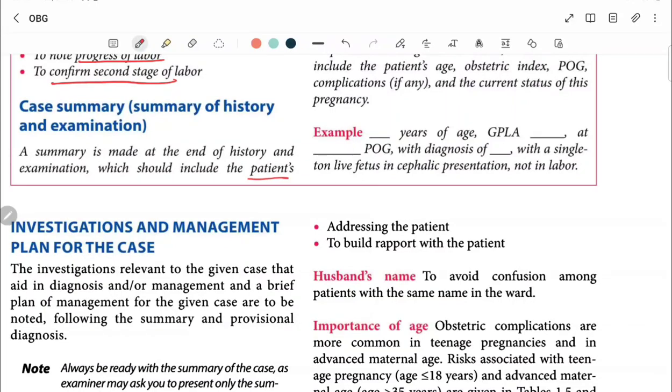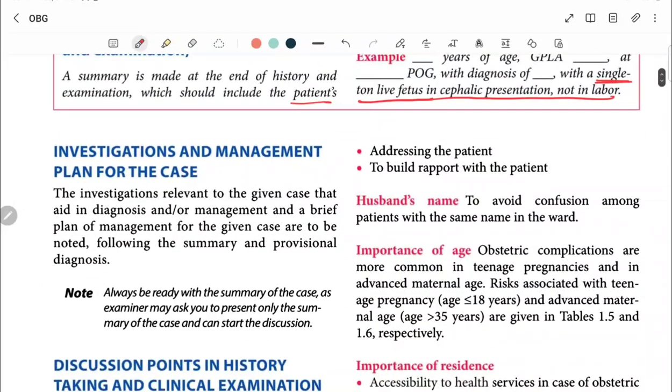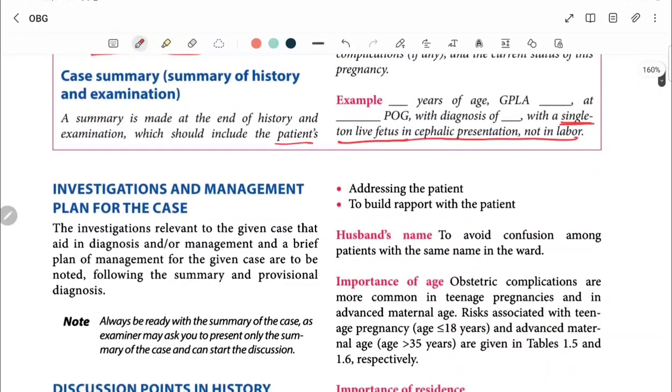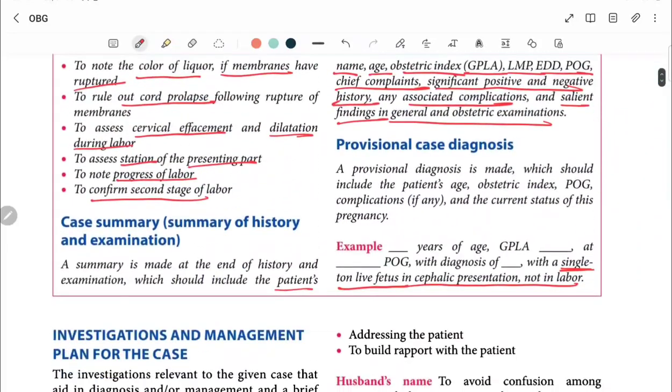So with a singleton live fetus in cephalic presentation, not in labor. So that's how it goes on.